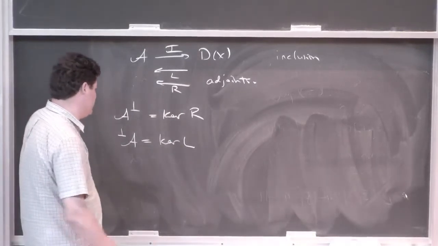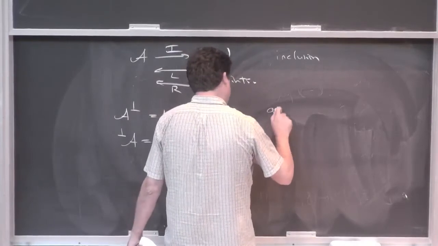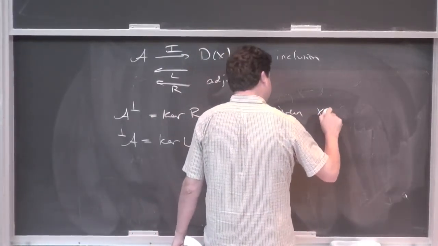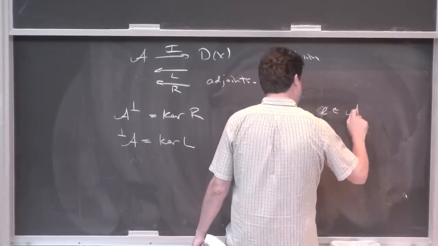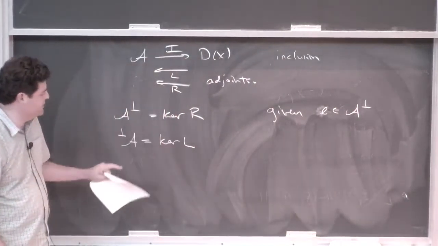Maybe one way to say this is, if I'm given some object E in A perp, so one inclusion is easier.